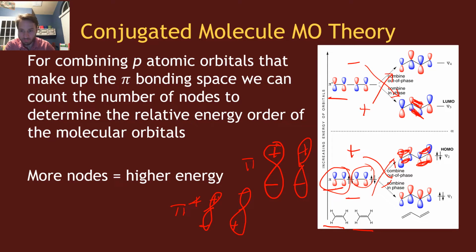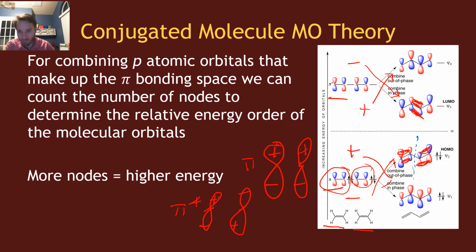If you look at this orbital energy diagram, in this very bottom diagram, there are no nodes. There's no place where there's not a bonding between the p orbitals. In the second energy diagram, there is a node, located right there in that dashed line.